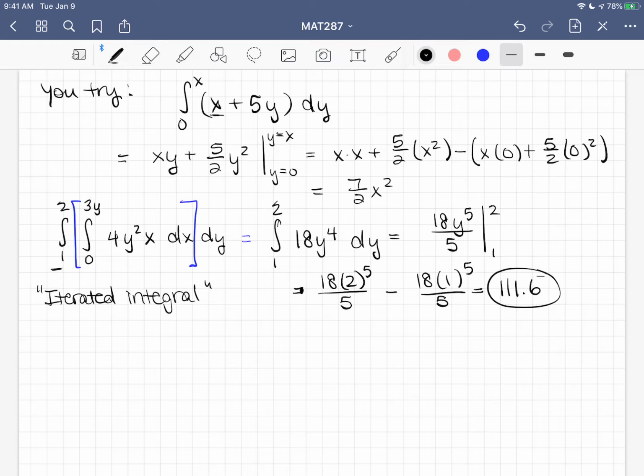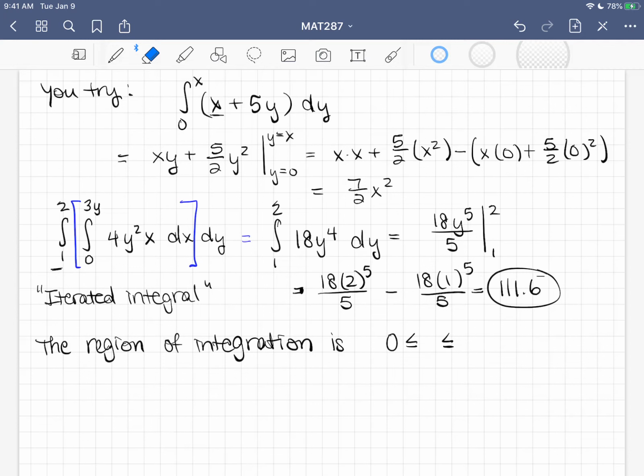Okay, so for this example, the region of integration is given by the bounds on my integrals. So for x, the bounds were 0 is less than or equal to x, less than or equal to 3y.